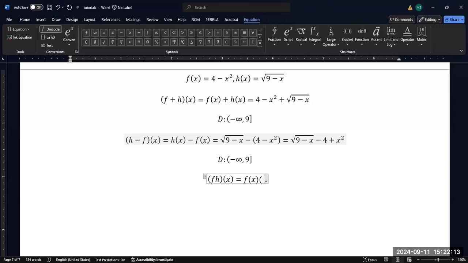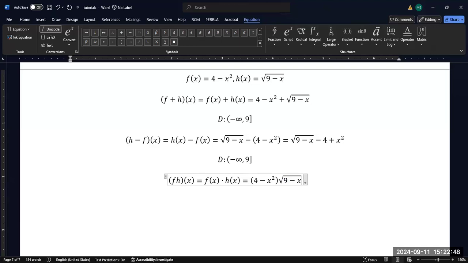So f of x dot g of x is multiplication. Again, because of what x looks like, we rarely use the times with the x notation. It's either a dot or it's assumed. And of course, this is h. If we multiply them, 4 minus x squared times the square root of 9 minus x.